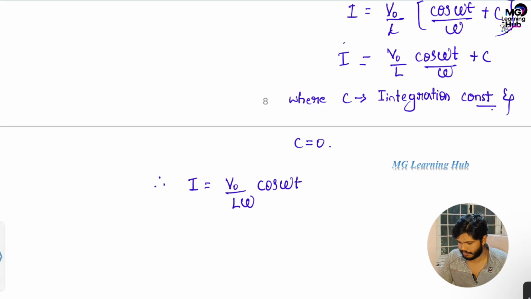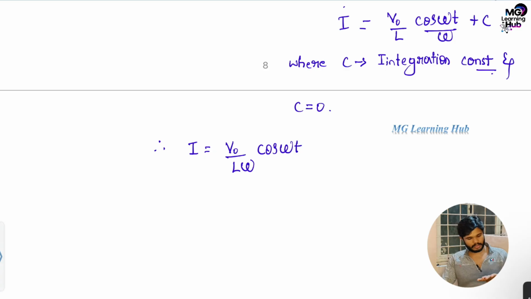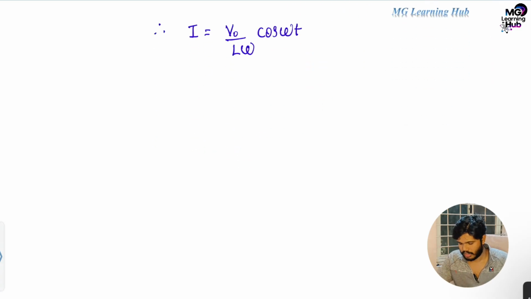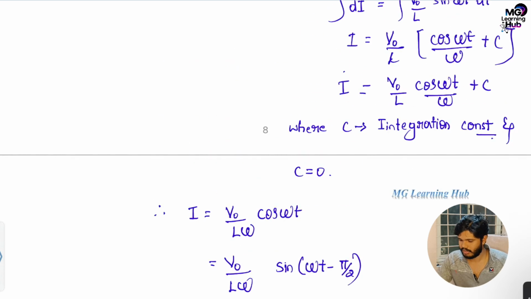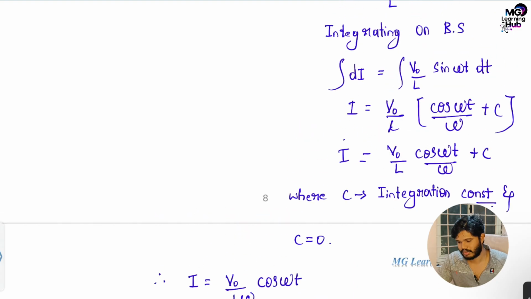Now can I write cos omega t as sin omega t minus pi by 2? Am I missing something here? What is the integration of sine? Integration of sine is minus cos, correct?